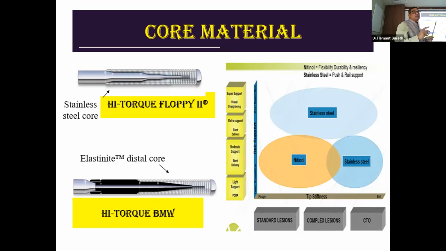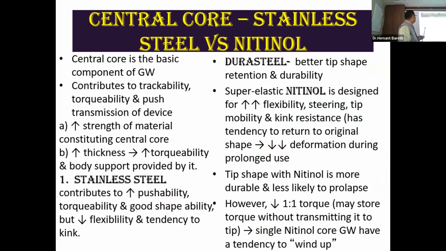For a simple lesion, and Runthrough is another interesting wire, which is an alloy of stainless steel and nitinol. So it's a stainless steel and nitinol alloy. This is not exactly nitinol; it is something related to nitinol, Elastinite, which is a trademark product. So I think same thing.